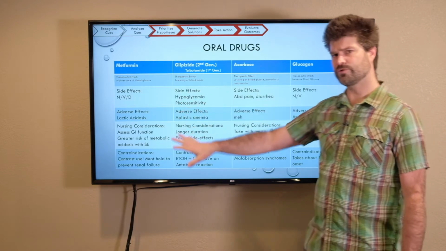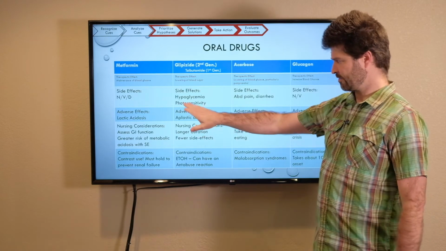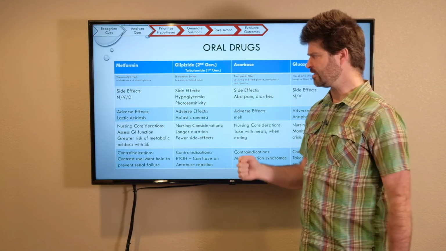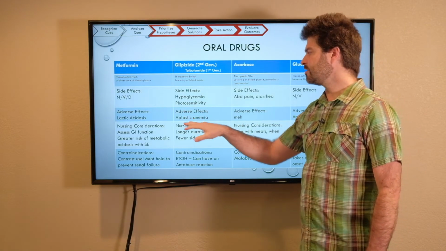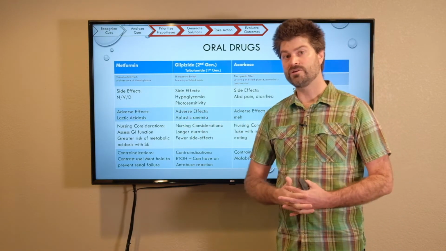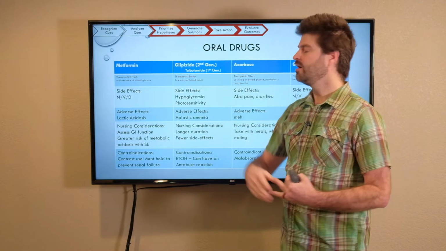hypoglycemia, and also photosensitivity. So we want to be very careful of light that's approaching patients. Some of them can develop this photosensitivity. Other adverse effects are aplastic anemias. So patients can become anemic with long-term use of glipizide.